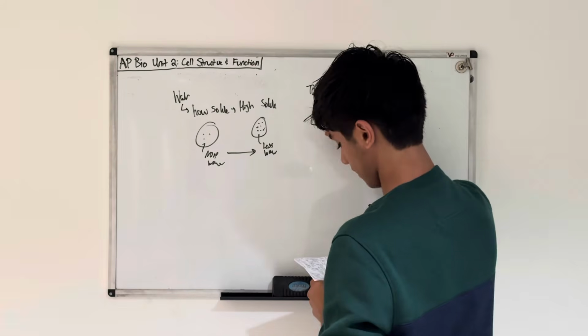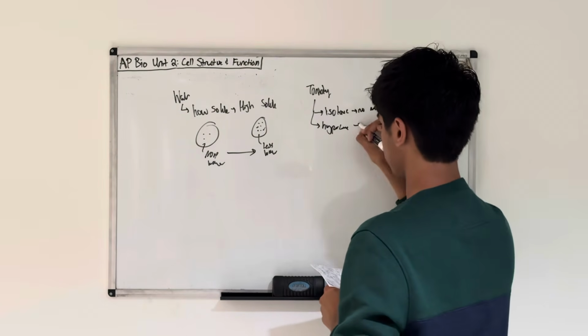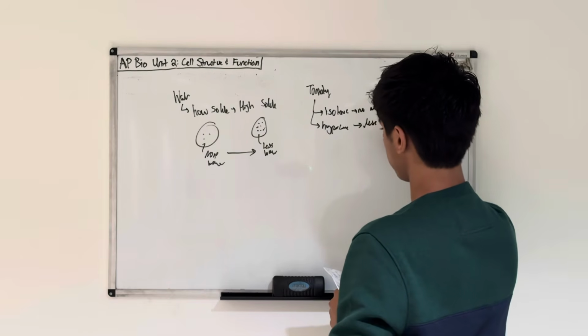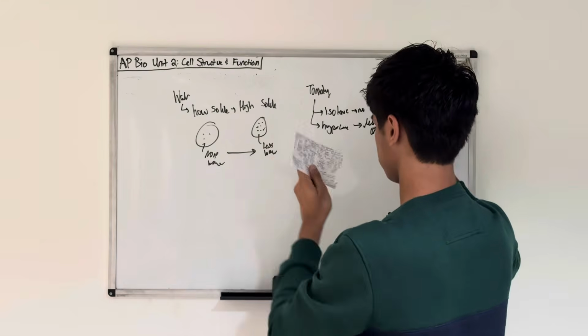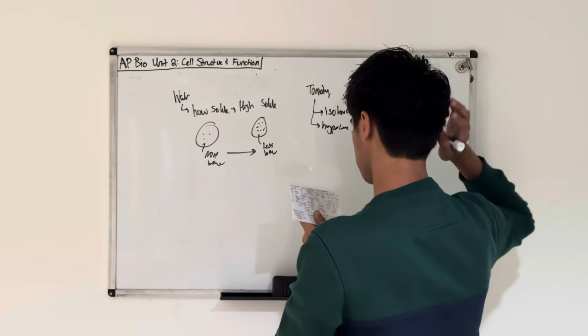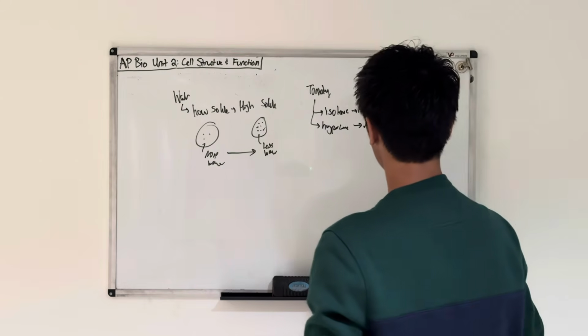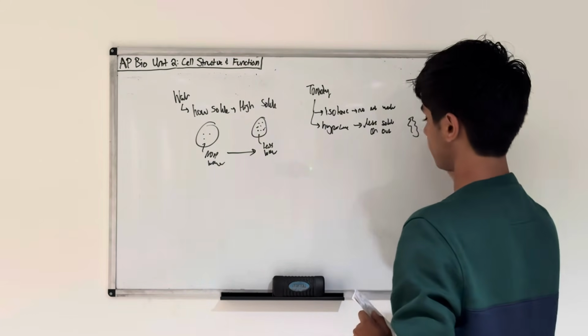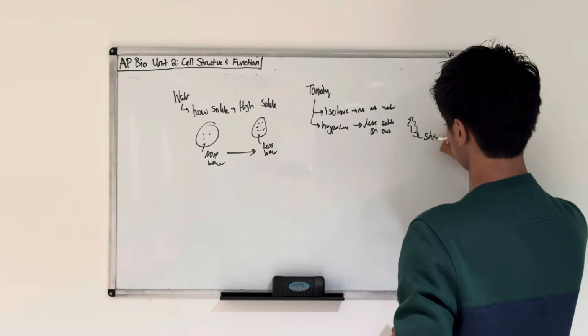We have hypertonic, where we have less solute on the outside, and because we go from low concentration to high concentration, the water is going to leave and the cell shrivels up when it's hypertonic.